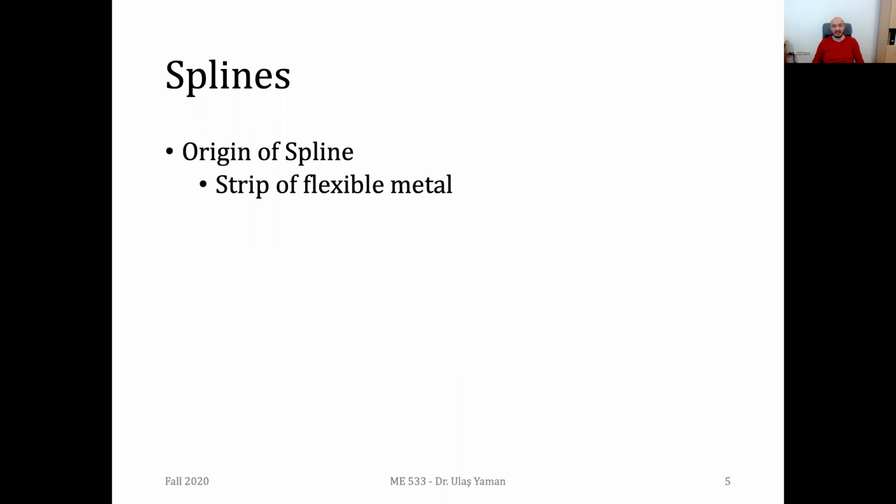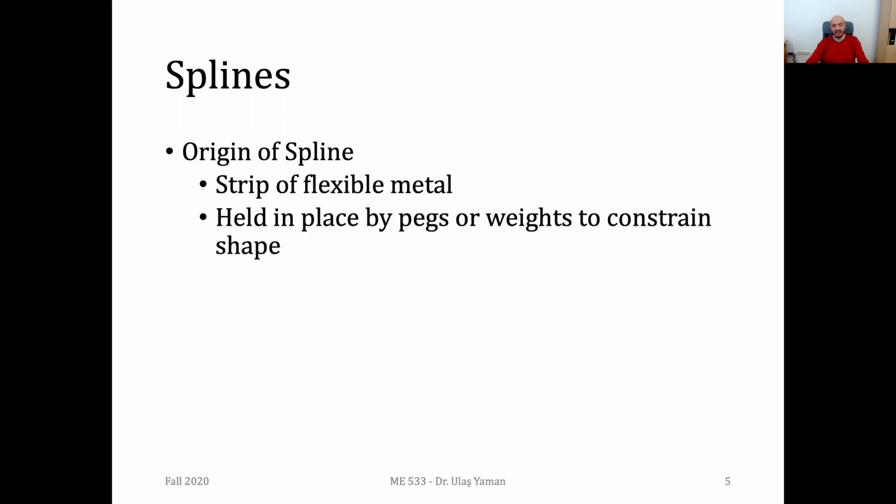So let's go into some details of how we started working on splines. Things actually started with a flexible metal piece. They had a strip of flexible sheet metal, and then they attached weights, called pegs, to this flexible metal so that it would have a smooth shape.